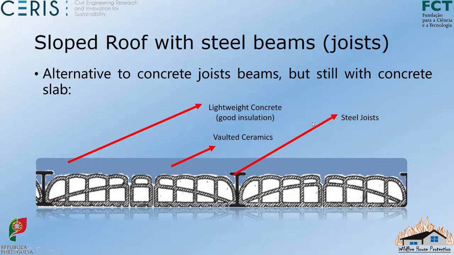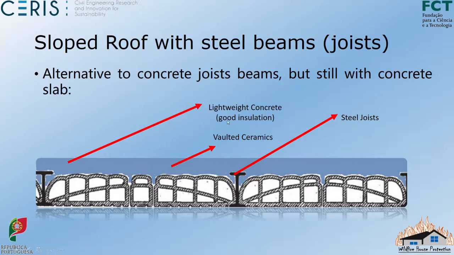So I'm putting here an alternative solution more suited to the needs of people from North America, but still with a concrete slab. Instead of these precast concrete beams, which I know are not very popular in the United States, you can have steel beams here.